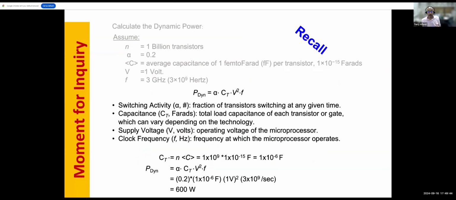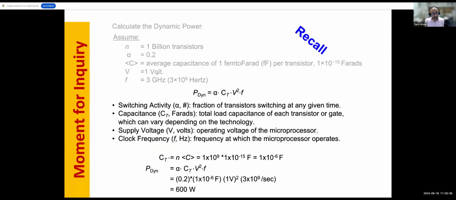All right, now if you remember from last week, we talked about the power just from toggling those inverters. In this particular case, we had 1 billion transistors, but only 20% were actually being toggled.